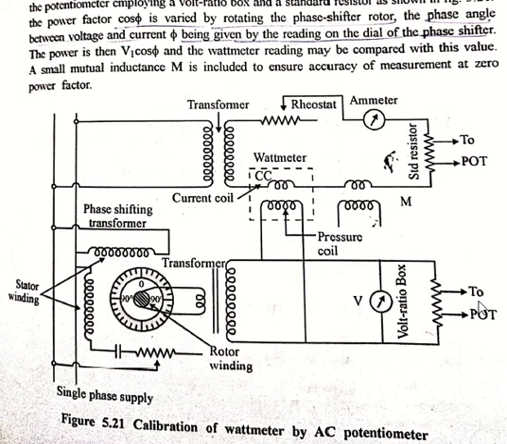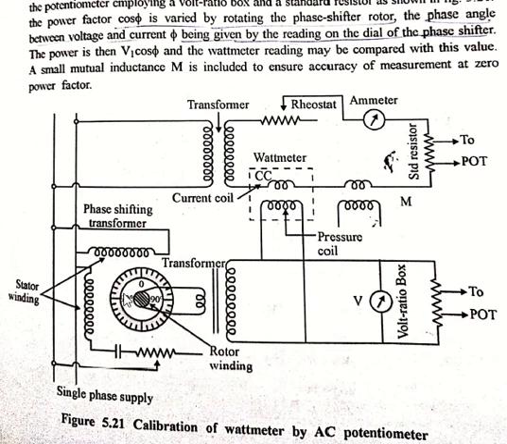The power factor cos phi is varied by rotating the phase shifter rotor. This is a similar process to our polar type potentiometer, by which we have measured the phase angle also. So this is our polar AC potentiometer. The phase angle phi between the voltage and the current is given by the reading of the dial of the phase shifter.